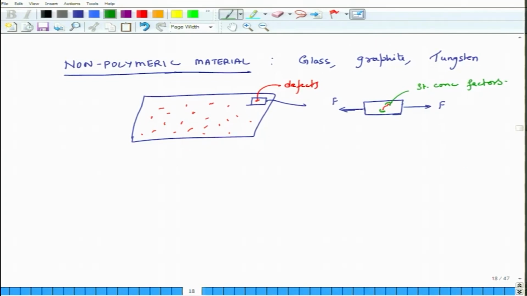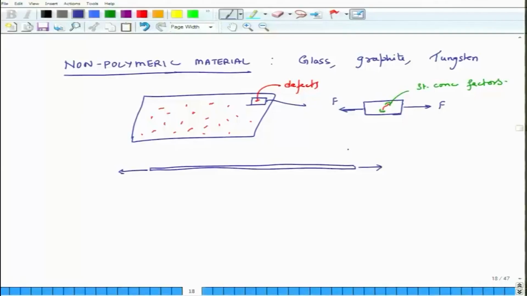But in a fiber, the way fibers are made is that they are very long, something like this, and they have very few defects. Along the length of the fiber there are hardly any defects, by virtue of the process through which they are made.